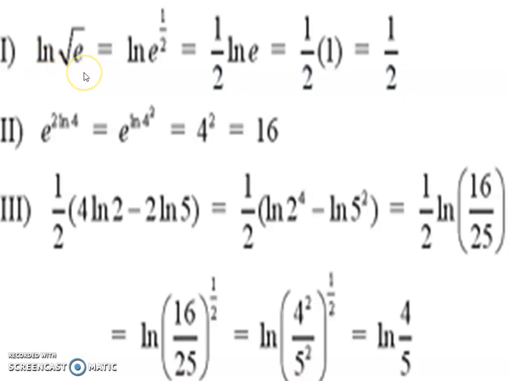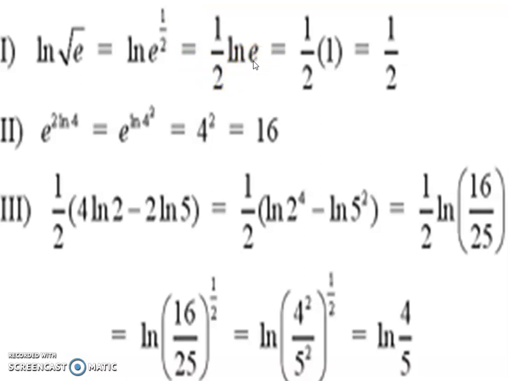Example one: ln root of e. We know that the square root of x is x raised to 1 by 2 in the law of exponents or law of indices. So I convert root e to the form e raised to 1 upon 2. We know that ln m raised to n is n ln m. So 1 upon 2 comes to this side and we get ln e.